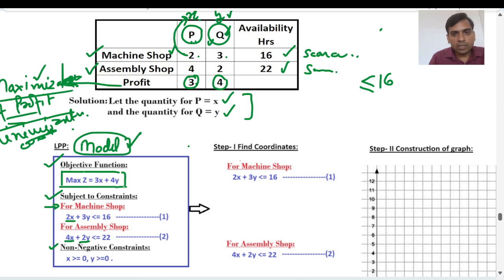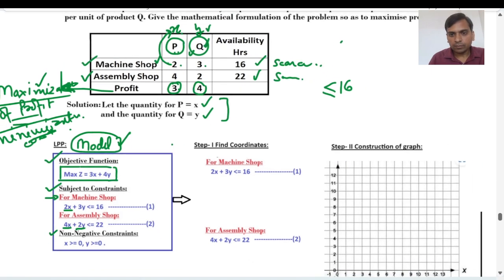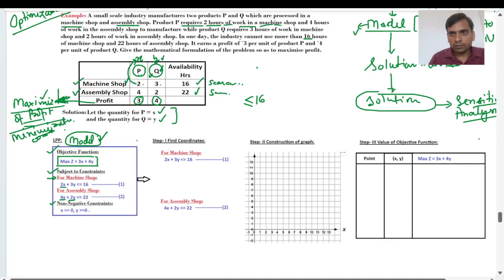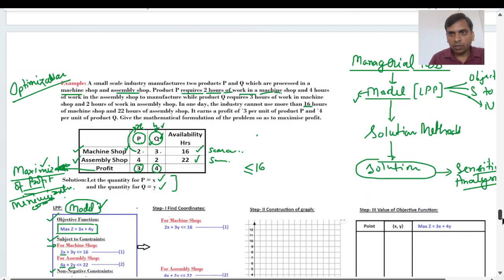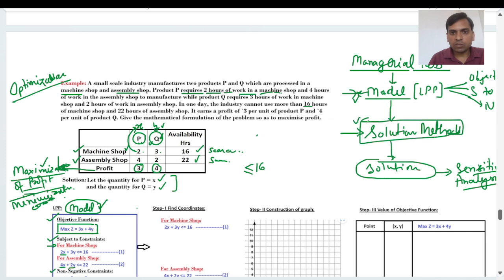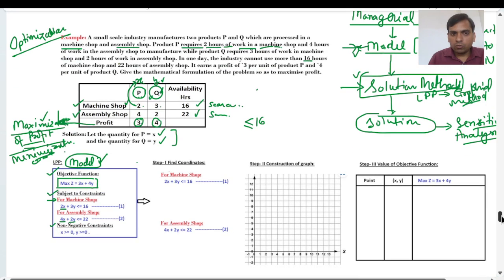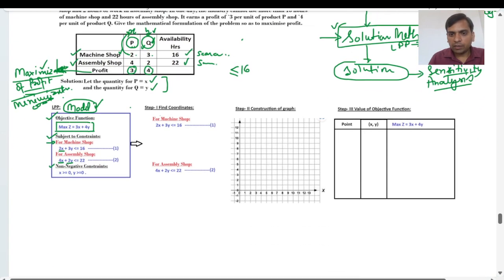Now, to solve this model, we will use methods. Now we are in the solution method stage, and there are multiple methods for multiple types of models. This is LPP, so for LPP we are using the graphical method for optimization.